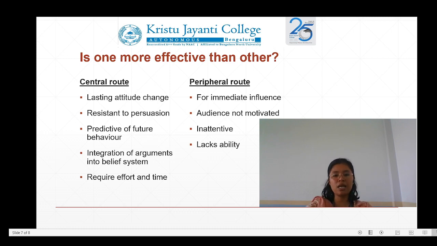It's about when and where you are using it. When you understand these two routes to persuasion, you can cater or present your message in a way that targets either the central route or the peripheral route, so that you are successful in your intent to persuade.